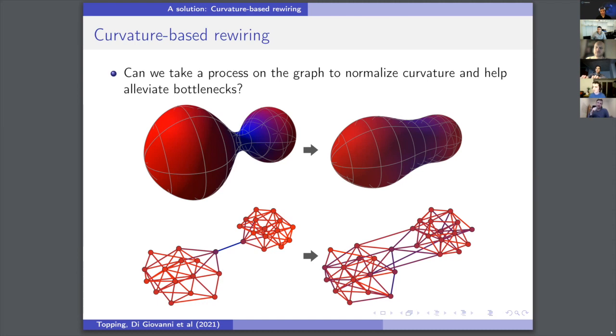I get that in the context of GCNs. I'm not sure if that's a problem with the GCN or a problem with the general approach. Possibly both. Information theoretically, if I've got a limited channel, that is the problem we've got. And sure, with the GCN you've got all sorts of problems.